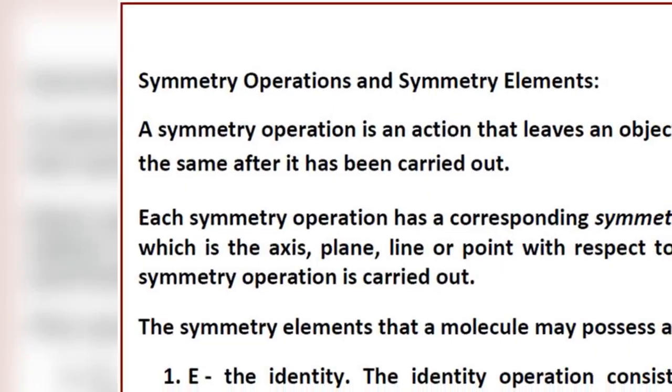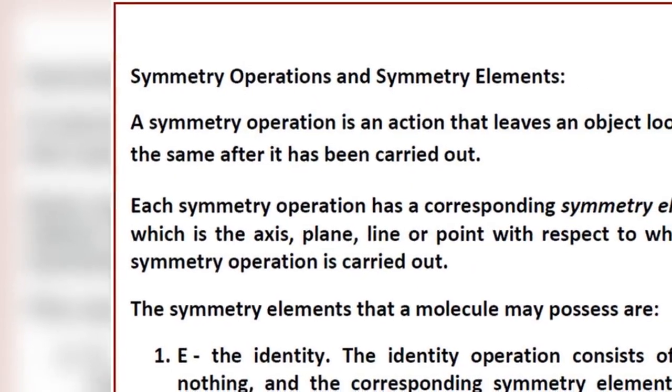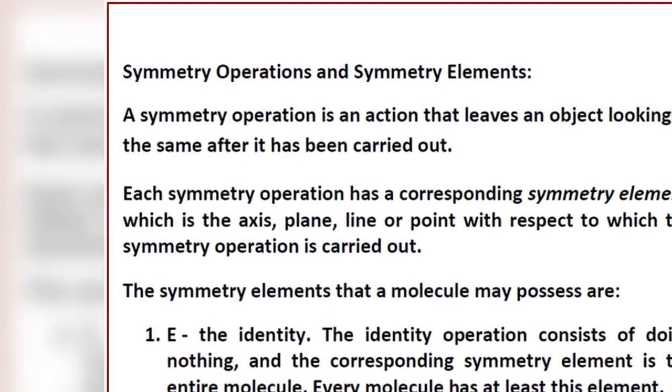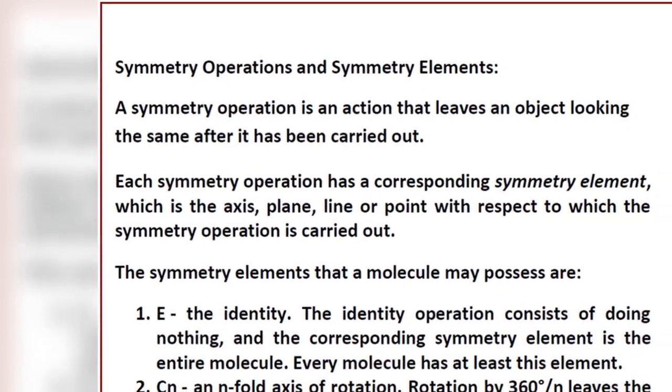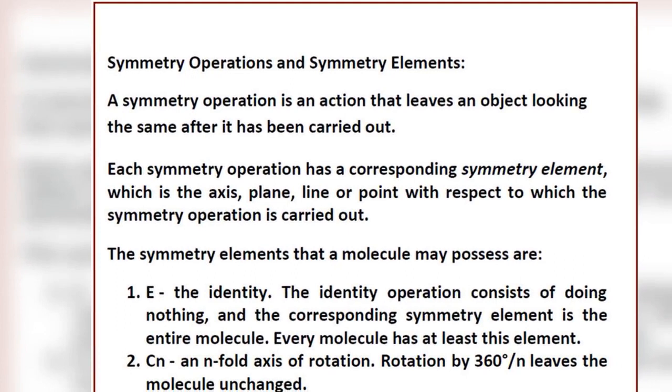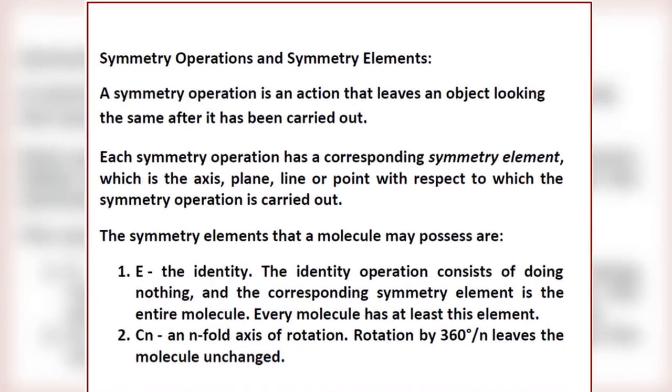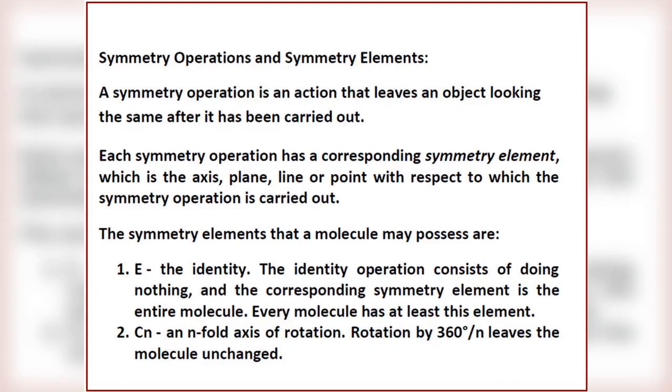A symmetry operation is an action that leaves an object looking the same after it has been carried out. So a symmetry operation is an operation that makes the object look the same after the operation. Each symmetry operation has a corresponding symmetry element that may be an axis, plane, line or point.